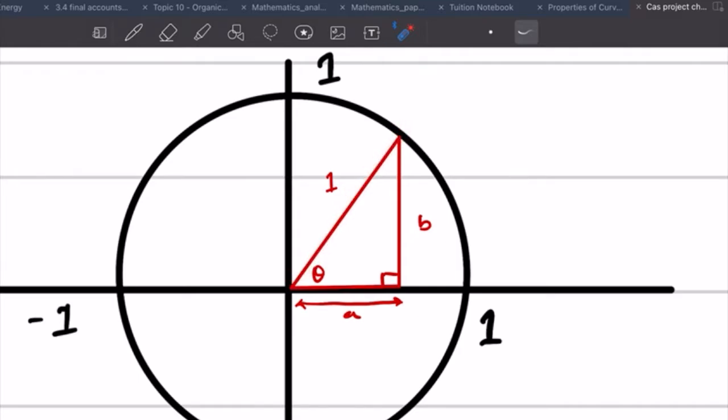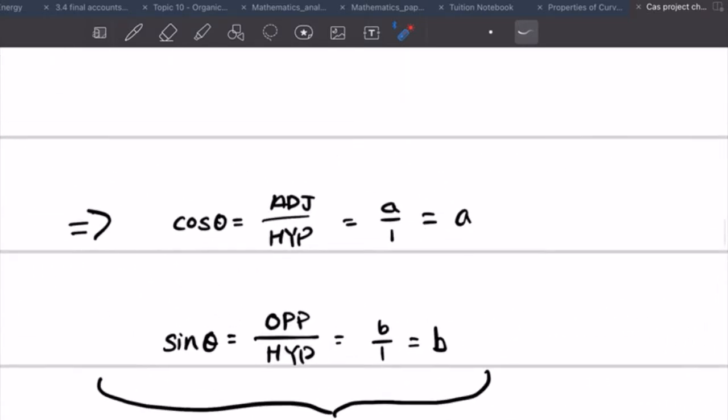So if we use our SOHCAHTOA rule, cosine theta is adjacent over hypotenuse. So it's adjacent to theta, and over the hypotenuse, which is always opposite the 90-degree angle. In this case, cosine would be a over 1, or a.